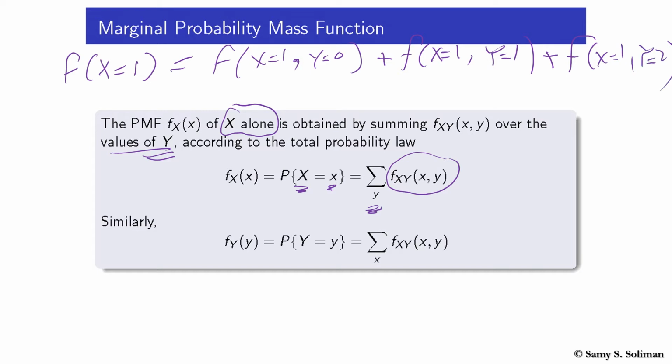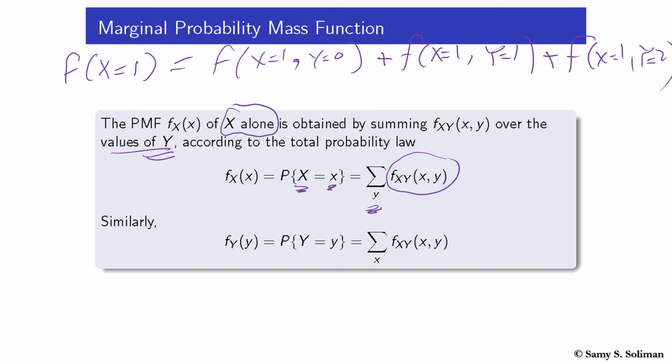So we consider all the possible values of y as long as we are calculating the joint probability for the specific value of x and any other possible value of y.